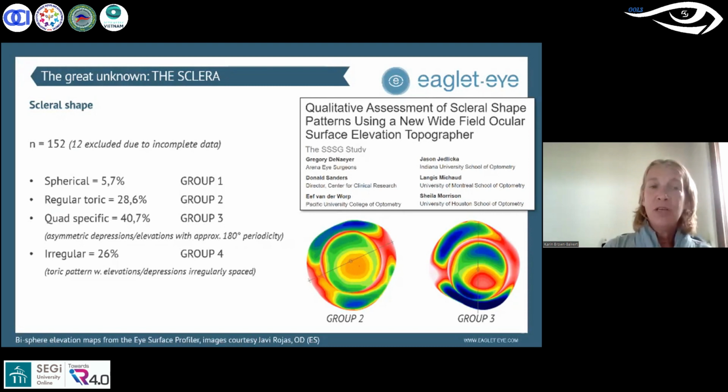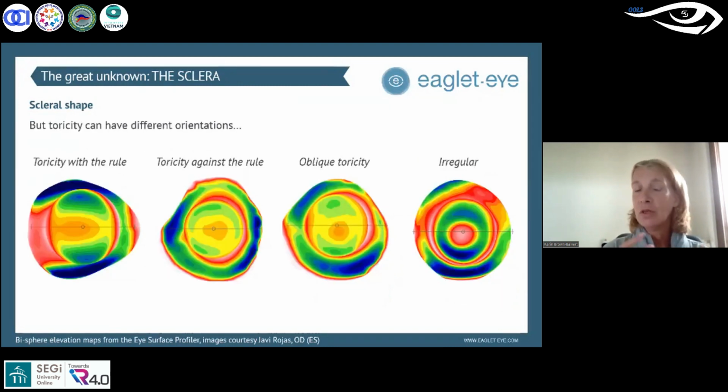Of course, we did work out that actually there's a lot of toricity going on in the sclera, but of course we've also got the toricity with the rule. You can see against the rule, you've got your oblique toricity and you've got your irregular toricity as well.